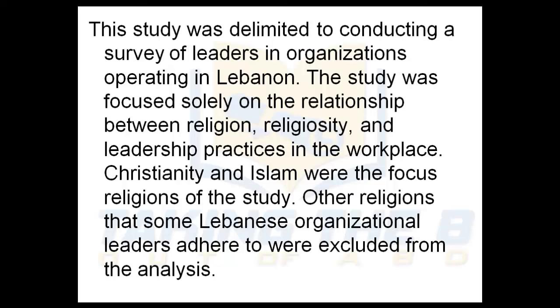The study was focused solely on the relationship between religion, religiosity, and leadership practice in the workplace. Christianity and Islam were the focus religions of study. Here he goes on to say other religions that some Lebanese organizational leaders adhere to were excluded from the analysis. So if the survey population were not of Islam or Christianity faith, they were not included in the study.